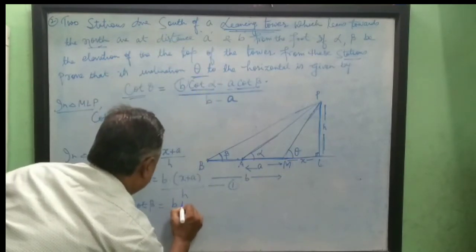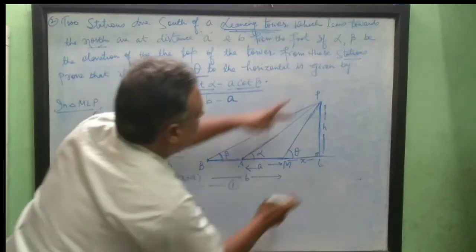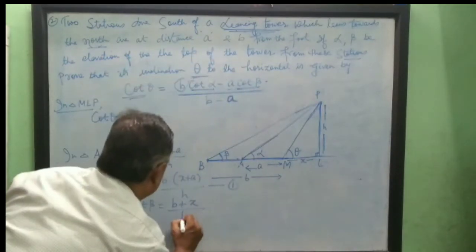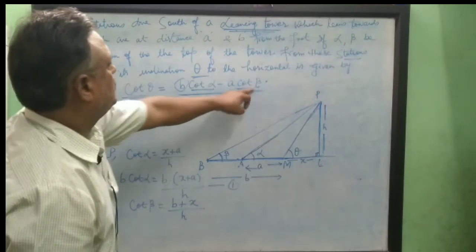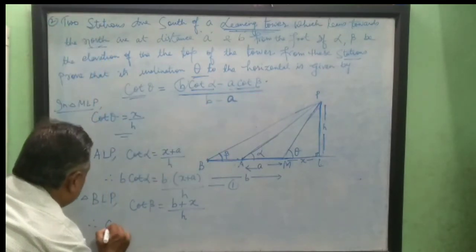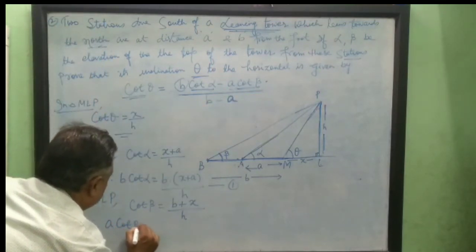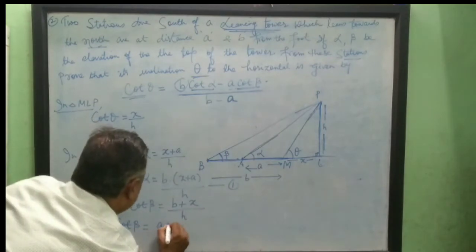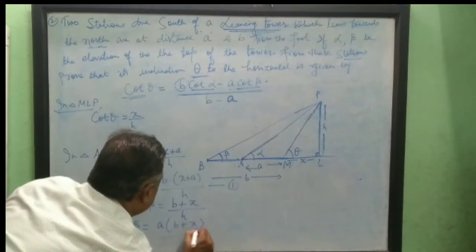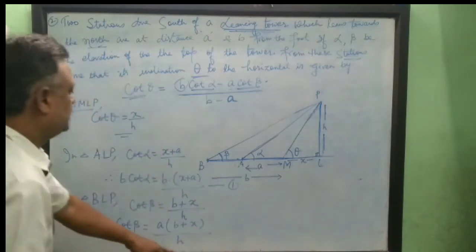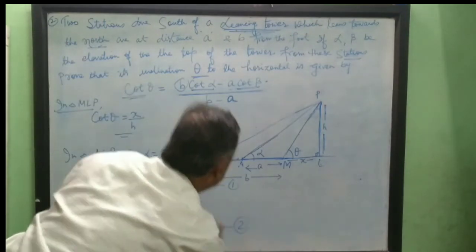So base by perpendicular, this is h. So a cot beta, multiply this part by a, is a into b plus x by h. Let this be equation 2.